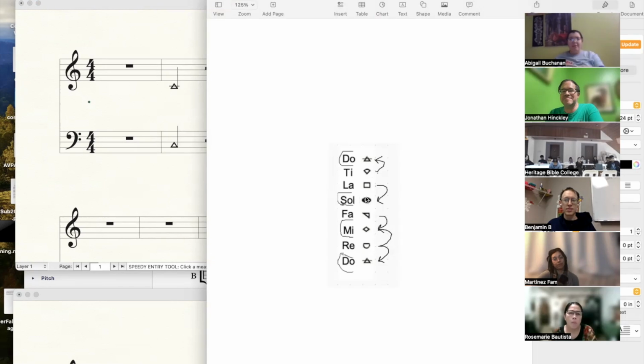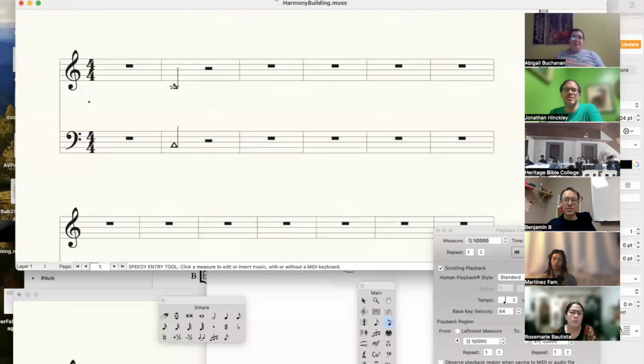And it's right there. Okay, sol is one of the notes. So I started here on do. I'm going to go down ti, la. I'll do it this way, do, ti, la, and sol is one of those notes that belongs in the chord. And I've just made harmony.